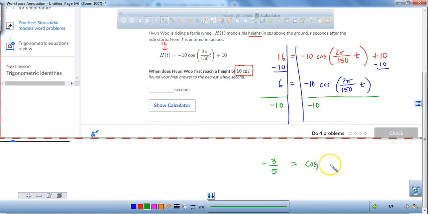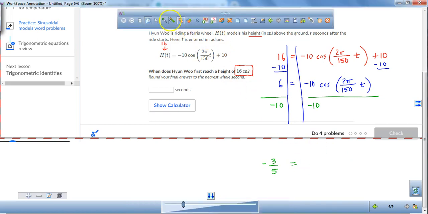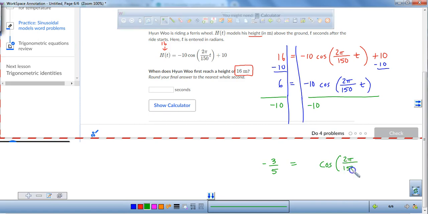Equals the cosine. Move this over a little bit. Thinking ahead here, I'm going to move that over just a little bit because we're going to apply the inverse of cosine here, times t. Now, what we have to do to both sides is apply what's called the inverse of cosine to this side, and apply the inverse of cosine to the other side.